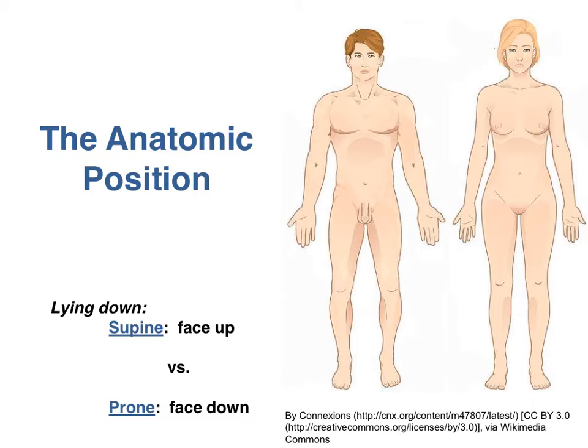Given that this is the standard anatomic position, and directions should always be given with reference to it, the correct term to use when describing where your hand is relative to your elbow is inferior. The hand is below the elbow.